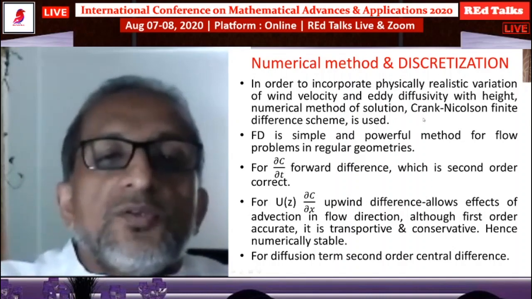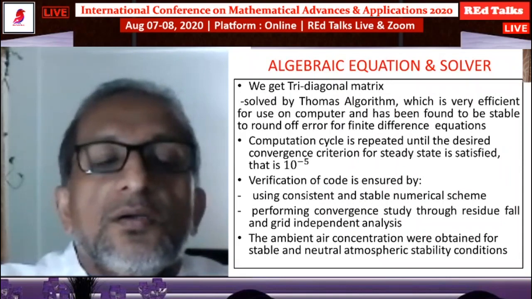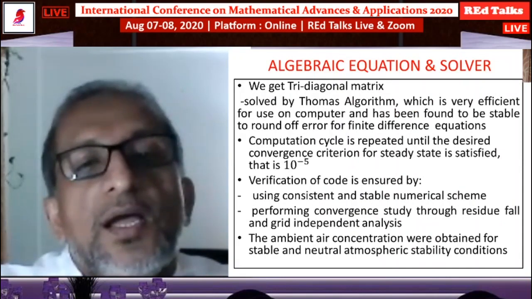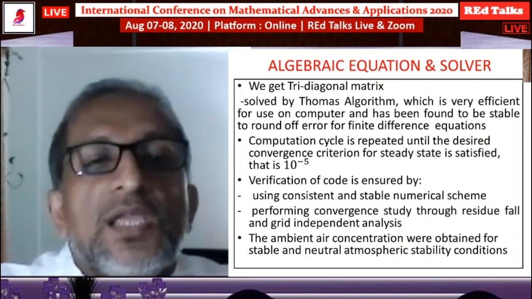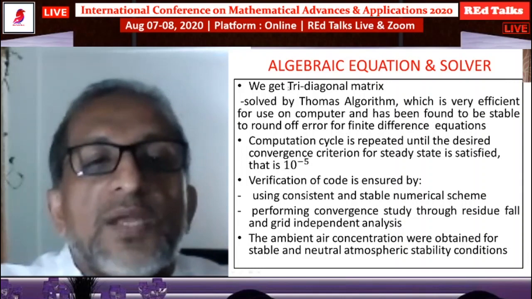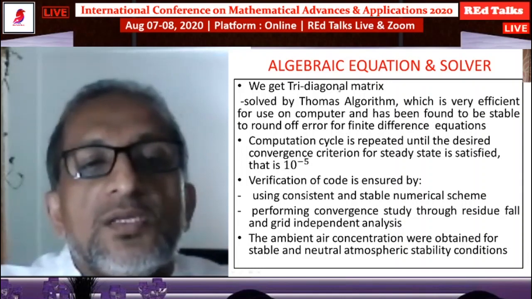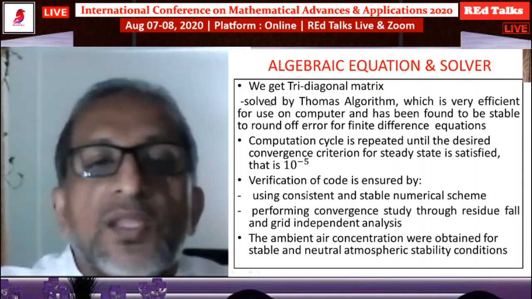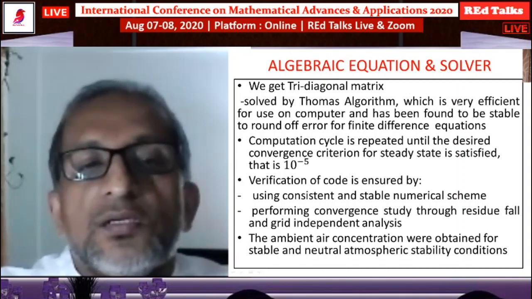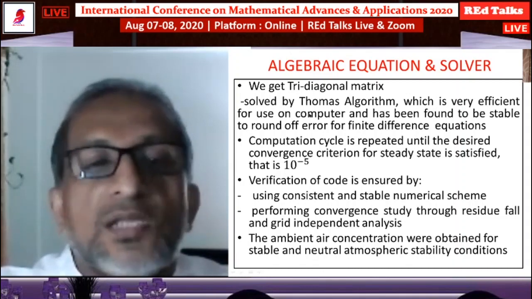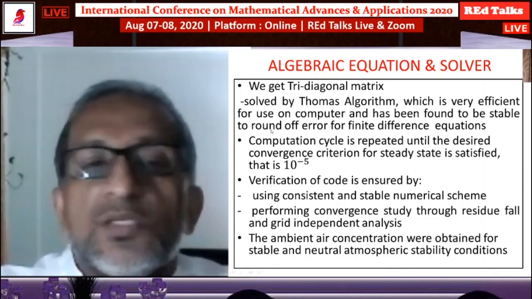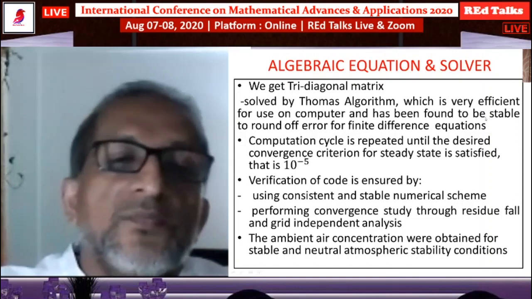And when I discretize, we get a tridiagonal matrix. This tridiagonal matrix can be solved by the Thomas algorithm, which is very efficient on the computer, and the round-off error will be stable here.